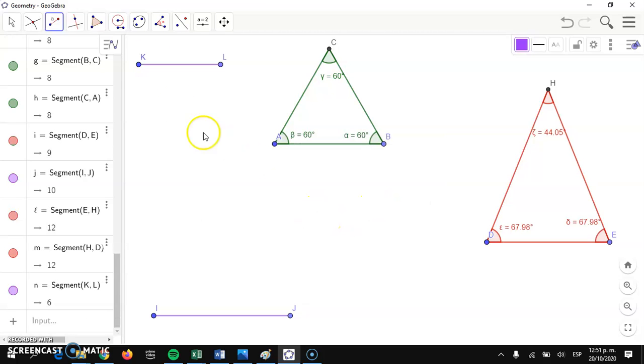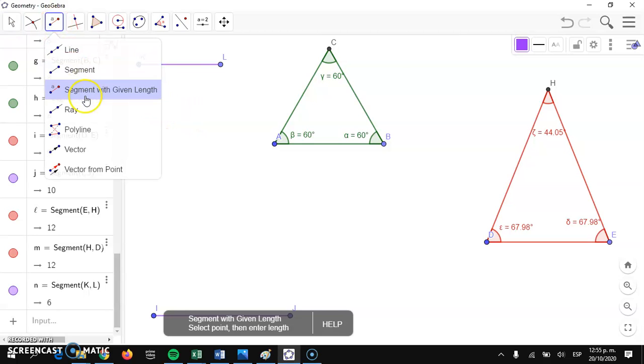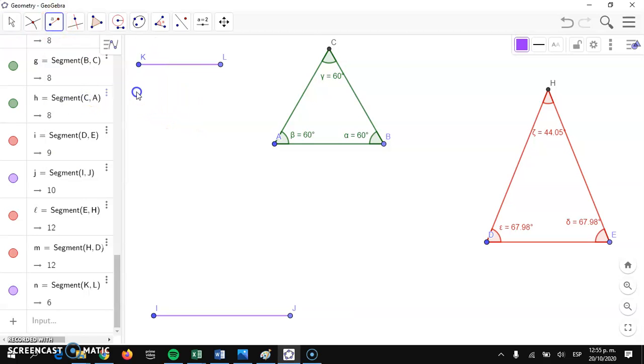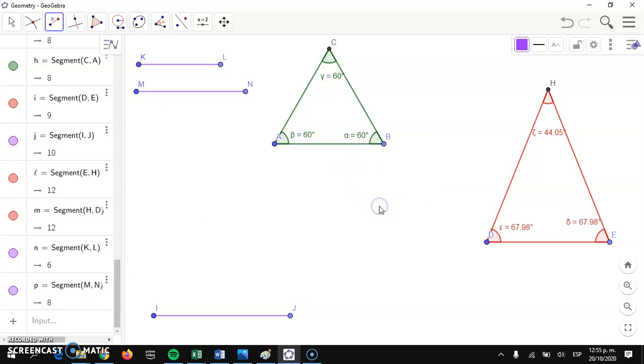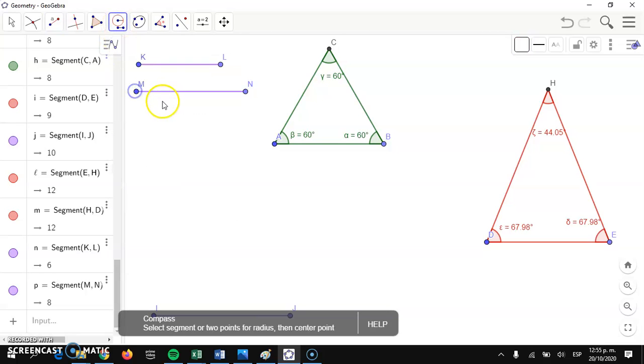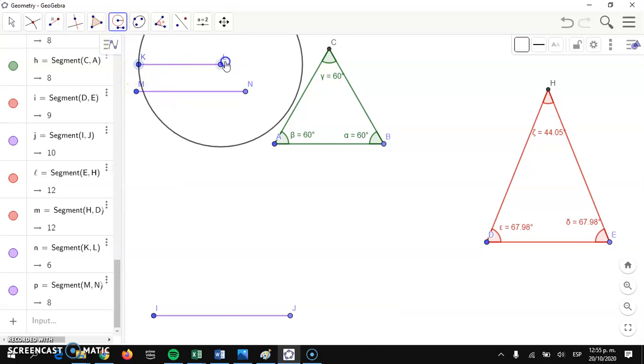Let's make another segment. This one could have maybe a length of 8. And let's see what happened. Now what we're going to do is to move this one and this one in here in these corners. And for doing so, what we're going to use is the function compass.